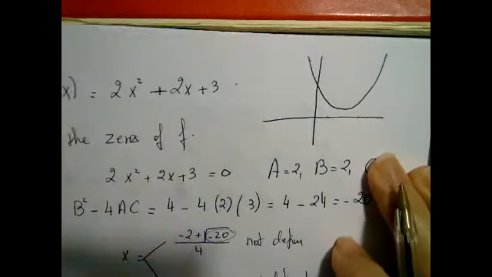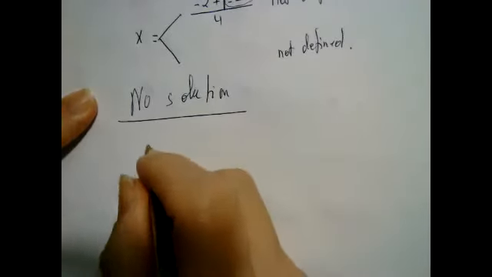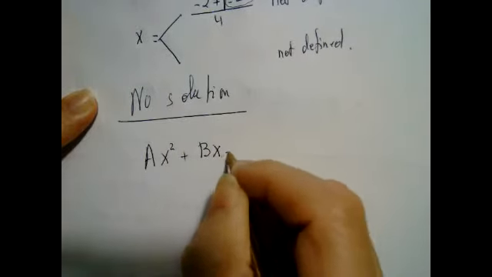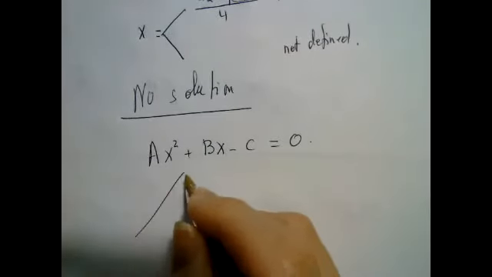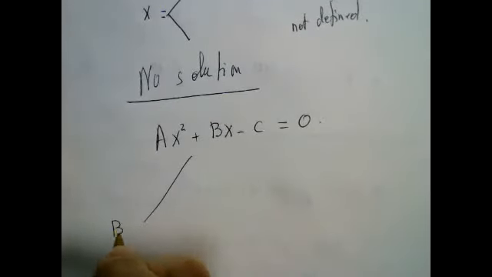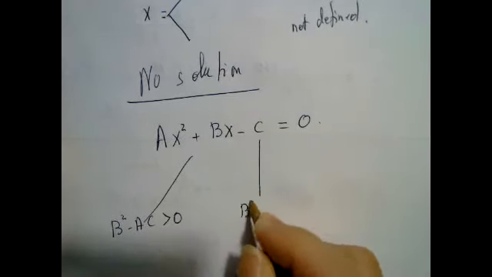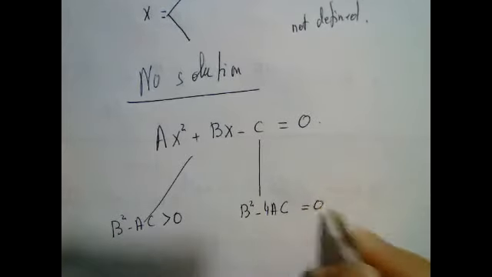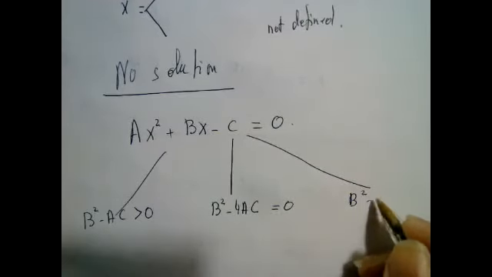Okay, so the conclusion for the quadratic equation ax squared plus bx plus c equal to 0 is that we have 3 cases. b squared minus 4ac is positive. b squared minus 4ac equal to 0. And b squared minus 4ac negative.